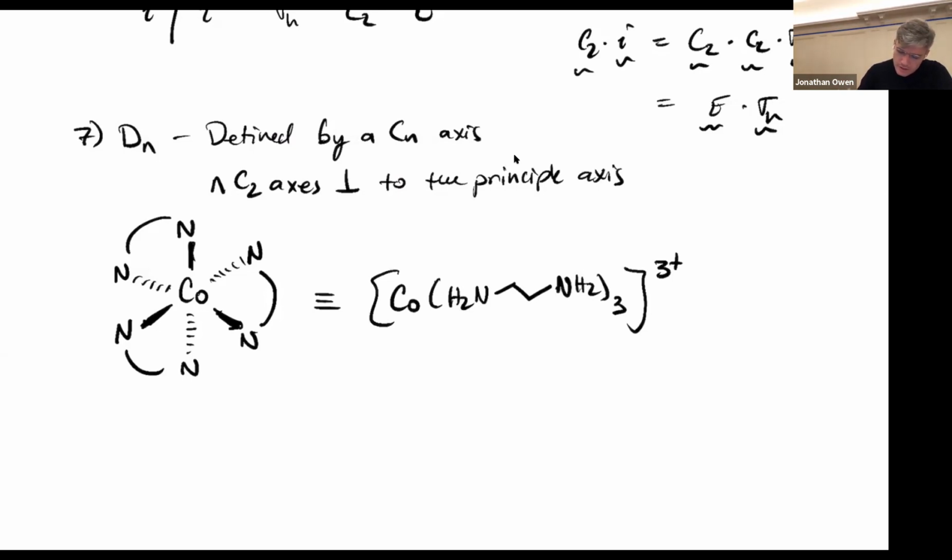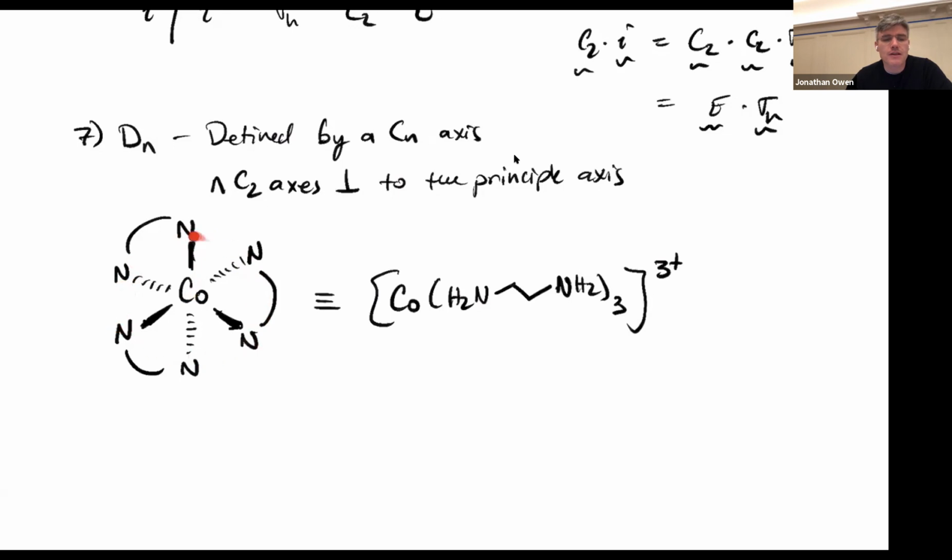Where's the principal axis in this molecule? It's probably going to go through the cobalt. You can see how the nitrogens on the top of the page might jump to the nitrogens on the other parts of the top of the page here by rotation.